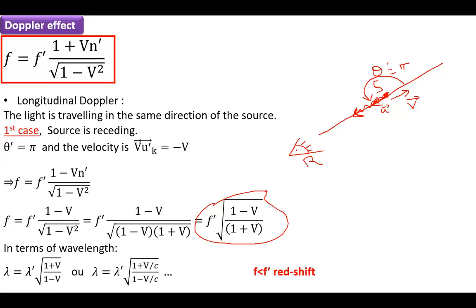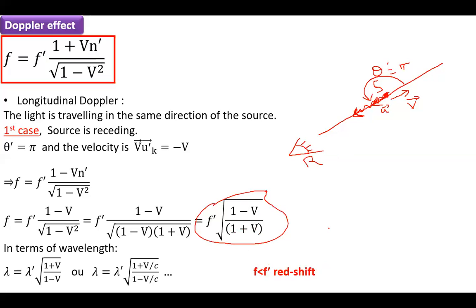Your observer here at rest observes a frequency that is less than the original frequency f prime, especially when your source is receding. So your source is moving away from the observer. In this case, the observer at rest will see less frequency, a decrease in the frequency, which we call the redshift.